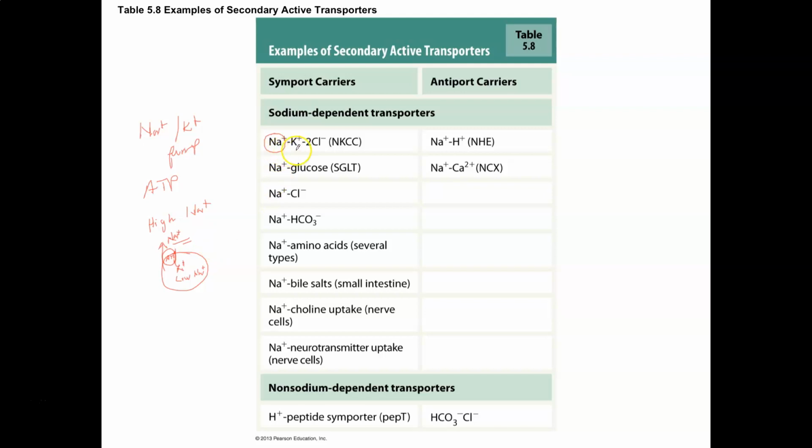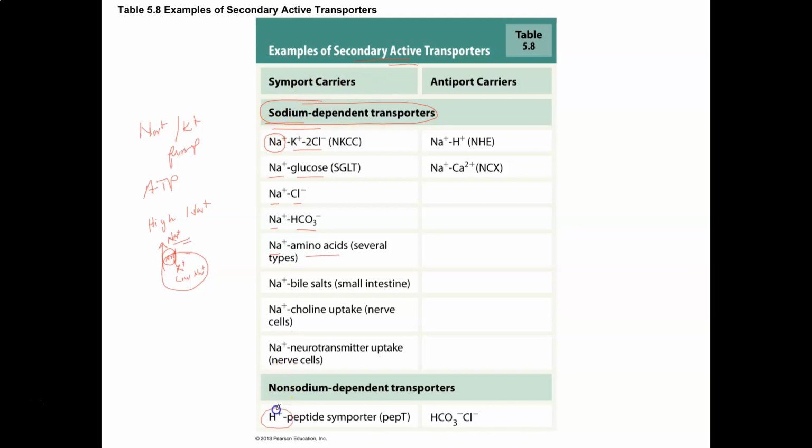So here we have sodium linked with potassium and chlorine transport, sodium with glucose transport, sodium with chlorine transport, sodium with bicarbonate transport, sodium with some form of amino acid, a glycine, an aspartic acid, etc. Sodium-dependent transporters fall into this secondary active transport, where we utilize energy from the primary transporter to run a secondary transporter. Now, that doesn't mean there aren't other types of secondary active transporters. It's just that sodium-dependent ones are the most common.